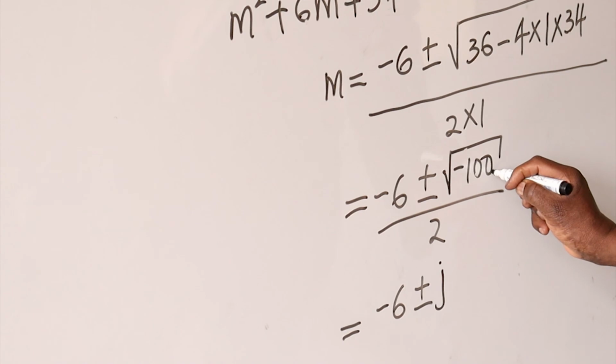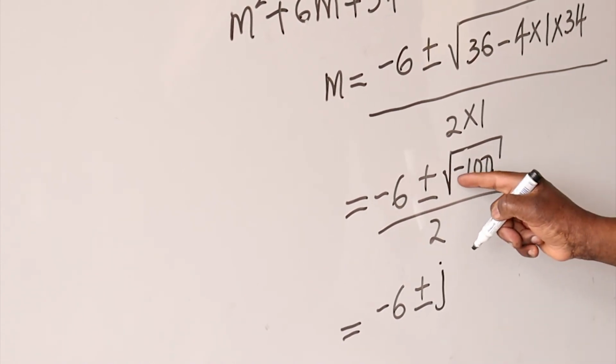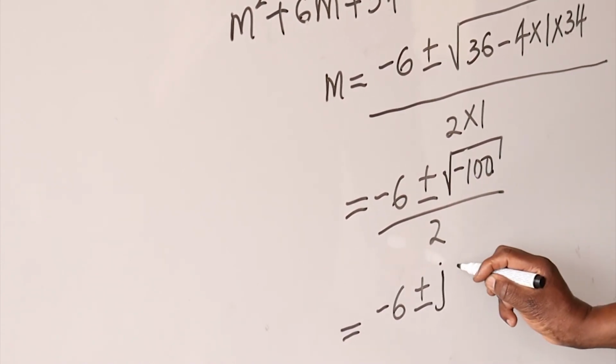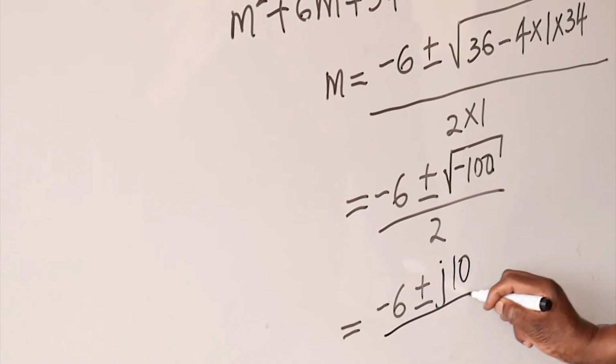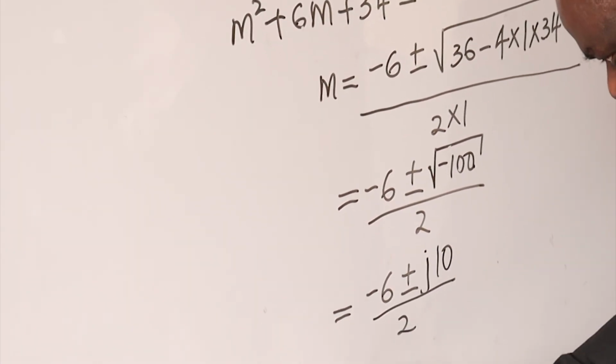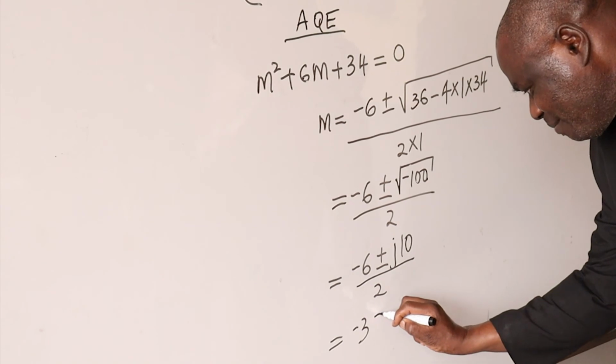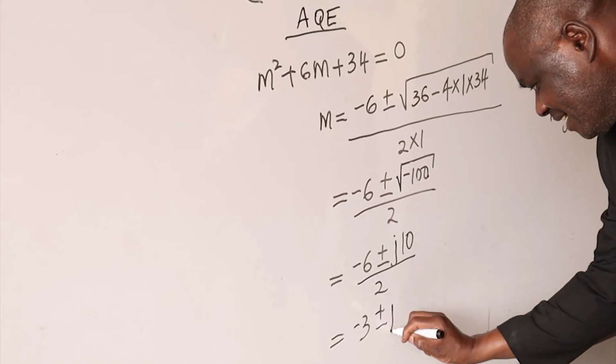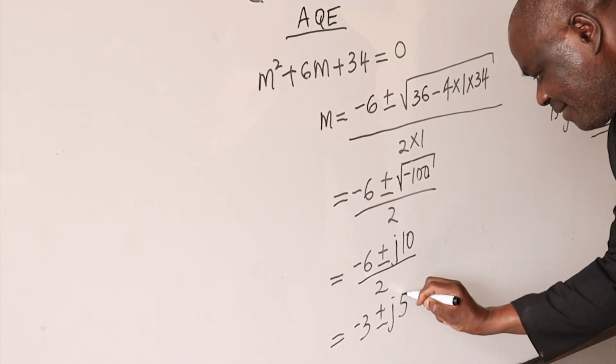Root of negative 100 is 10, and root of negative 1 is j, so it is j10 all over 2, which will be equal to minus 3 plus or minus j5.